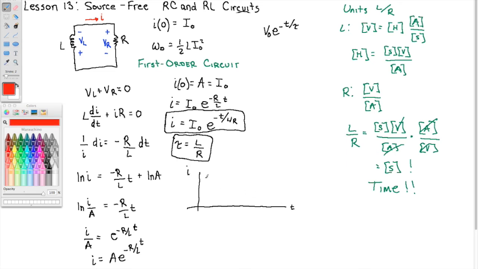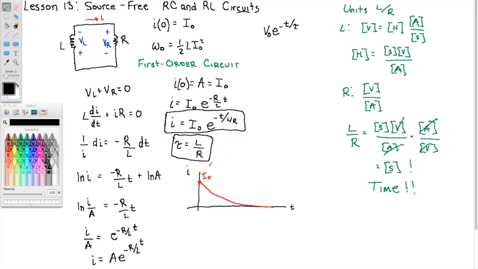And again, the initial condition, I0, and then it decays to 0. Now this looks very similar to the RC circuit, and it is. Everything that we said about the RC circuit applies here.